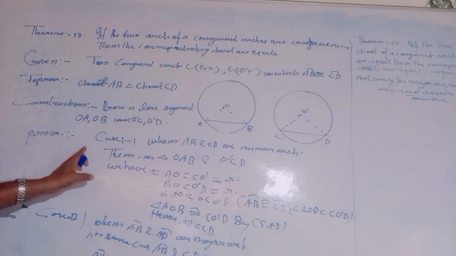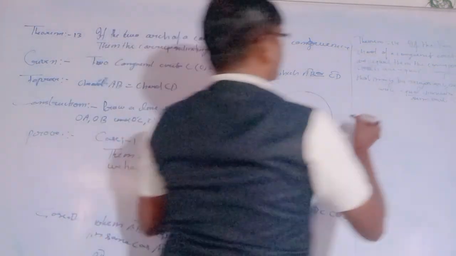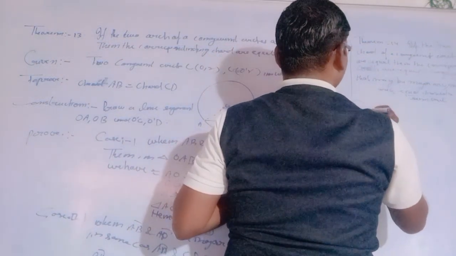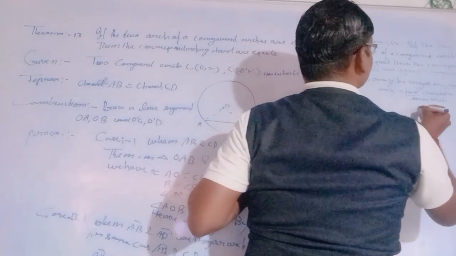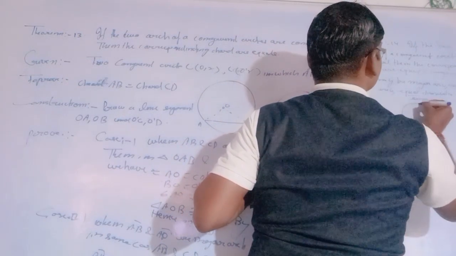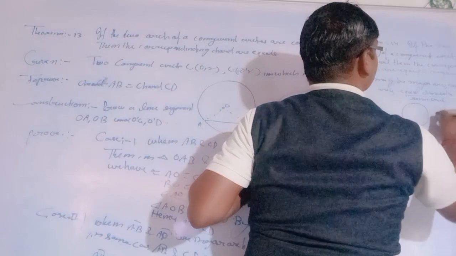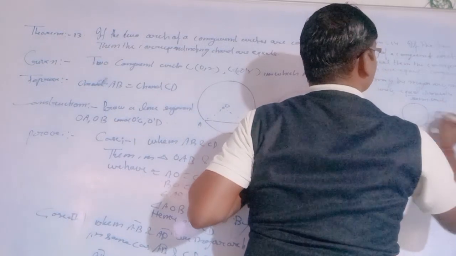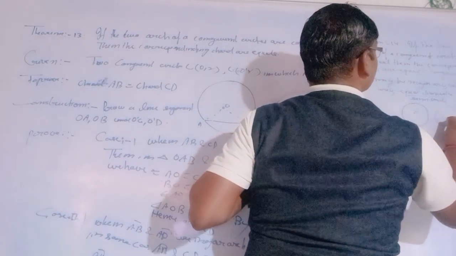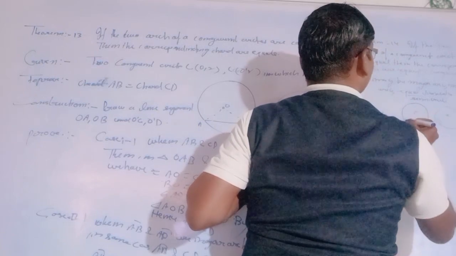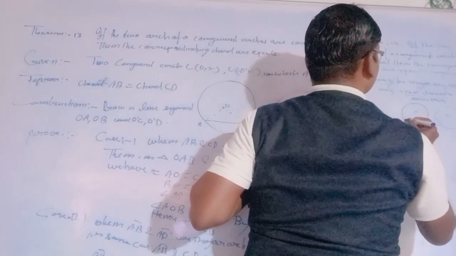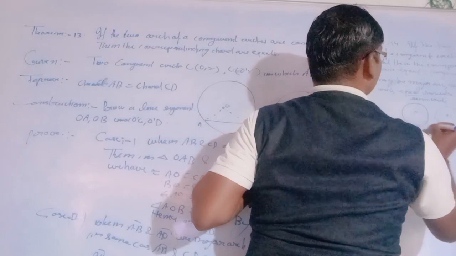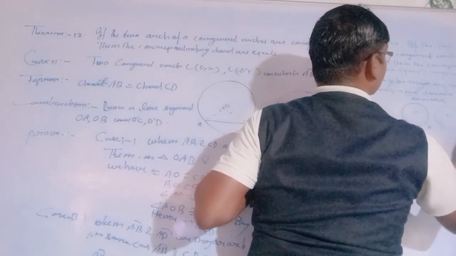Suppose that we have two circles. Before writing the givens, first of all we will draw the two circles. Suppose that the first circle and the second circle with center O dash are here, and this is arc AB and arc CD.